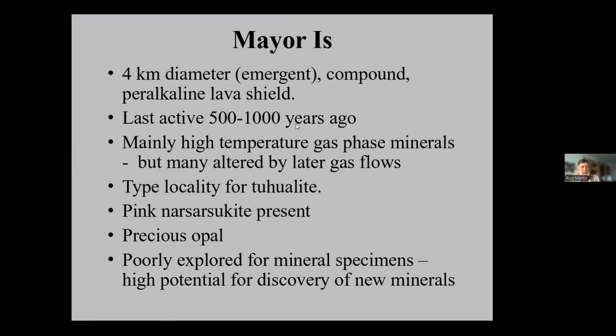The emergent part of the dome is about 4 kilometers in diameter, and it's seen as a compound peralkaline lava shield. It was last active around 500 to 1,000 years ago, which were mainly a couple of small lava flows. The last significant eruption was probably 7,000 years ago, which is where I showed you the ashfall around the North Island.